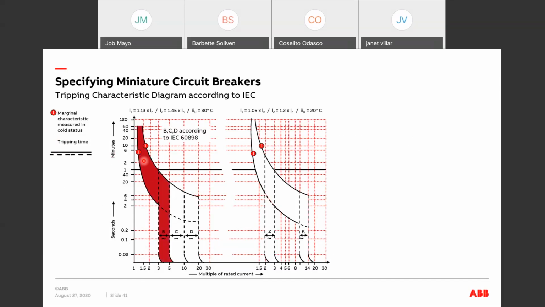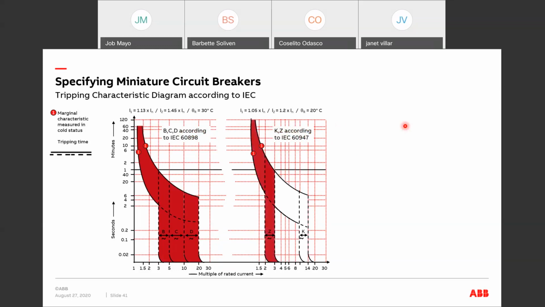And the instantaneous is here. And the K and Z curve are only under IEC 60947-2, because as mentioned earlier, for circuit breakers under 60898-1, it's only set at B curve, C curve, and D curve. So for other curves, especially for K and Z curve, it's already tested under 60947-2.